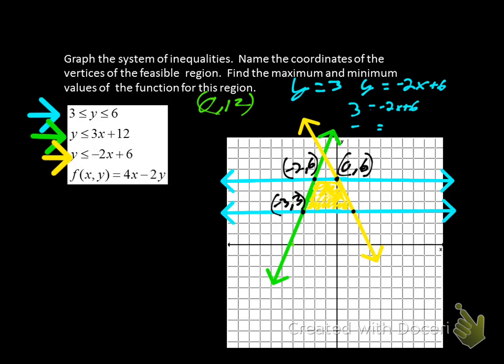I've been terrible today, guys. I'm sorry. -3 equals -2x. So x would be 3 over 2, which is 1.5.